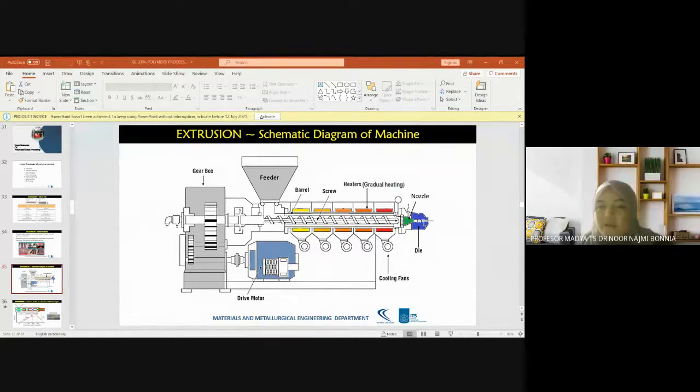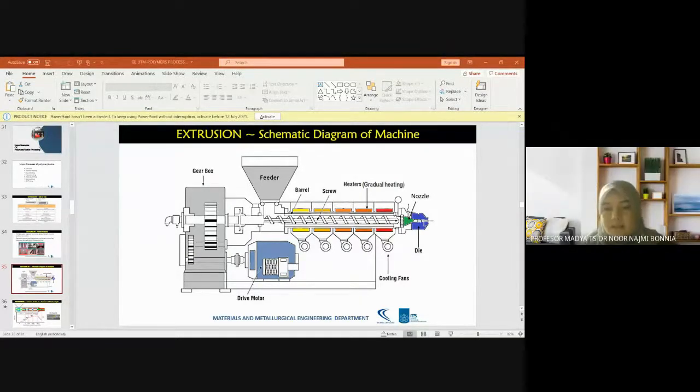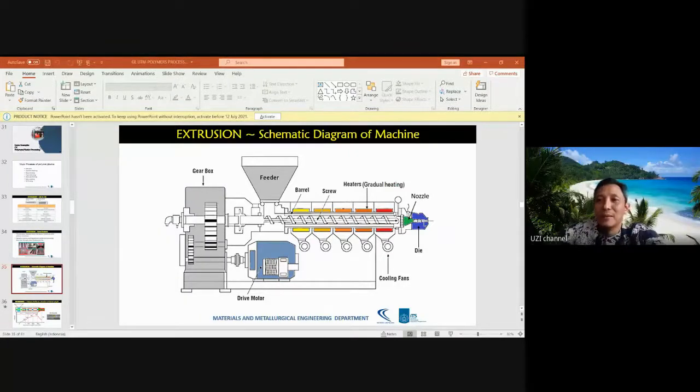Yes. Okay. One more question from Nurul Ain Najiha. What is your comment on the emergence of 3D printing compared to conventional methods, as 3D printing has attracted huge interest nowadays, which leads to the idea of 4D printing? Wow. 4D printing, maybe I have no idea about the 4D.